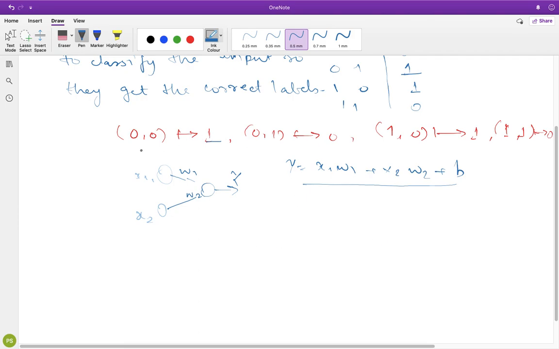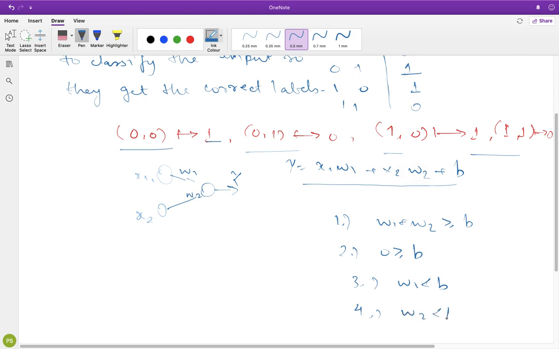Taking the following instance of these parities, we have the following four inequalities. The first inequality: w1 plus w2 must be greater than or equal to b, that is the bias term. Second: 0 must be greater than or equal to b. Third: w1 must be less than b, and fourth: w2 must be less than b.